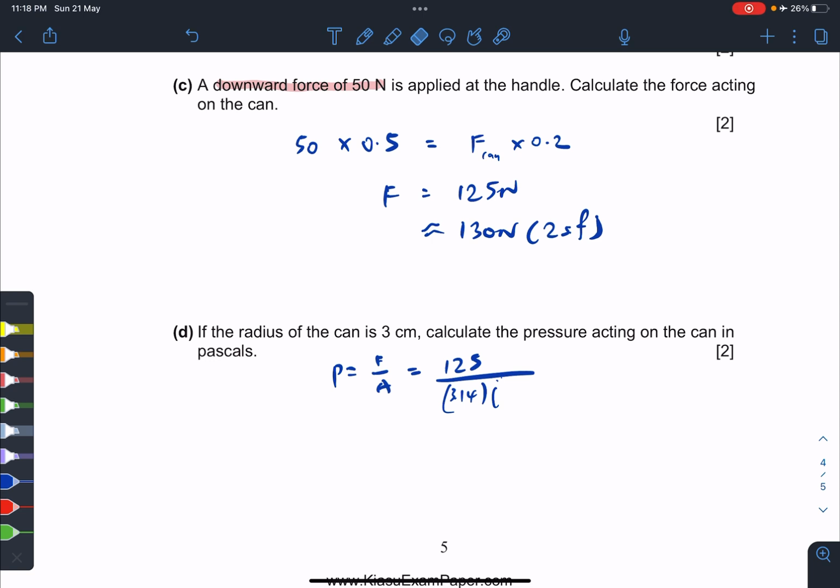So 3.14 times 0.03 squared. Again, this is a trap.